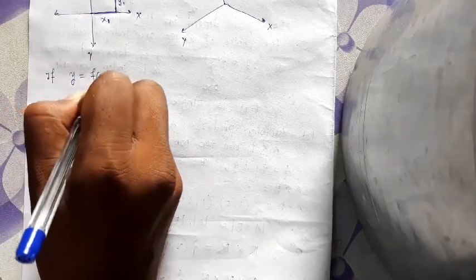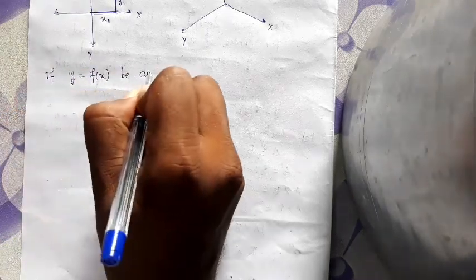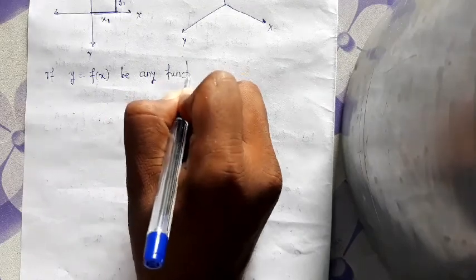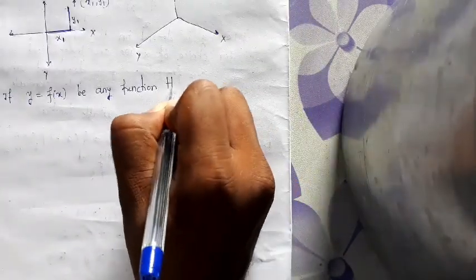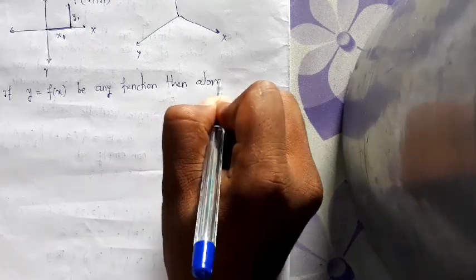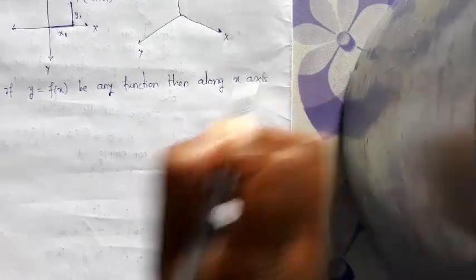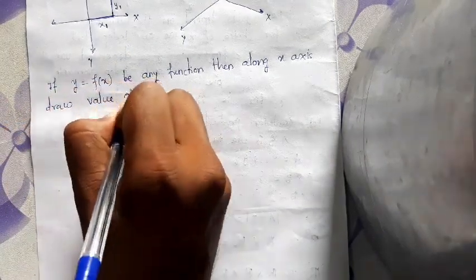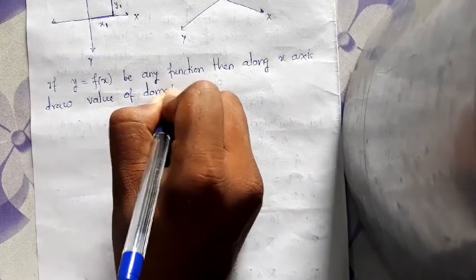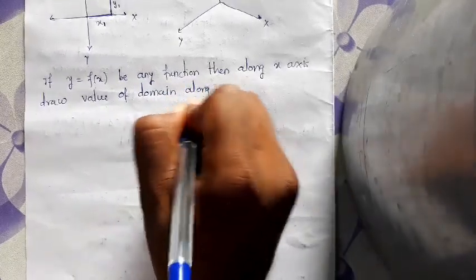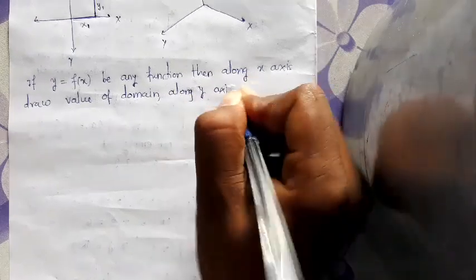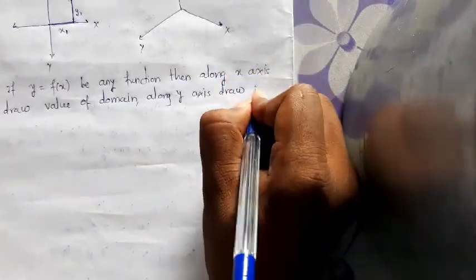Now look at here. If y is equal to f of x, be any function, then along the x axis draw values of the domain and along the y axis draw image values.